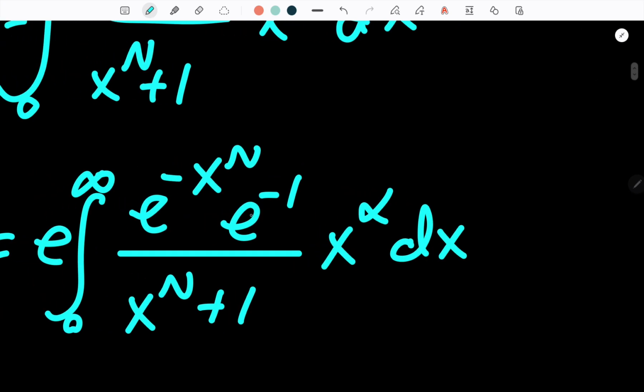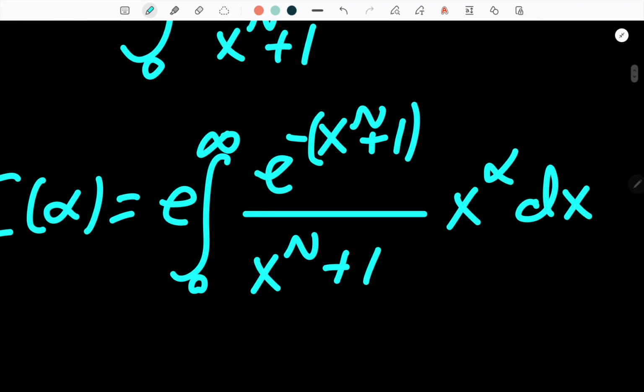What I want to do is combine the exponents of e and then factor out a negative 1. There we go. So now we'll have I of alpha is equal to e times the integral from 0 to infinity of this integrand right here.